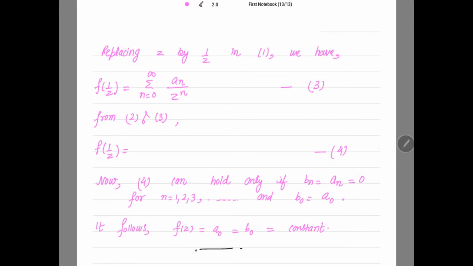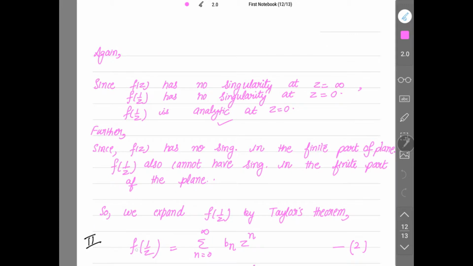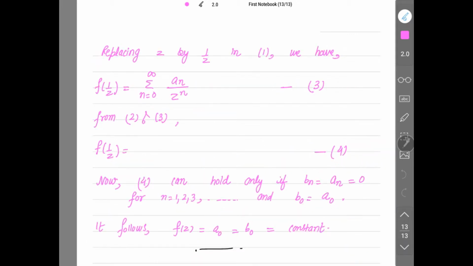Mark this as 3. Now from 2 and 3, what is 2? I'm also having here f of 1 by z. Let's equate these two. f of 1 by z is equal to summation n 0 to infinity b_n z to the power n, which is also equal to this summation n going from 0 to infinity a_n over z to the power n, or you can also write it as z to the power minus n.